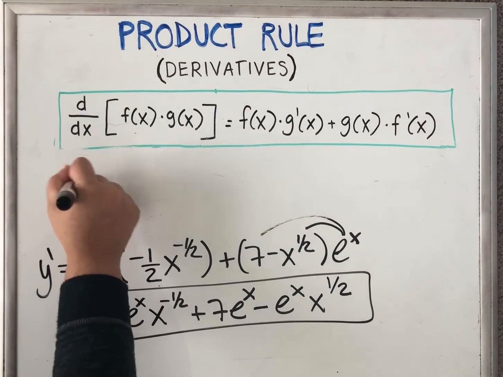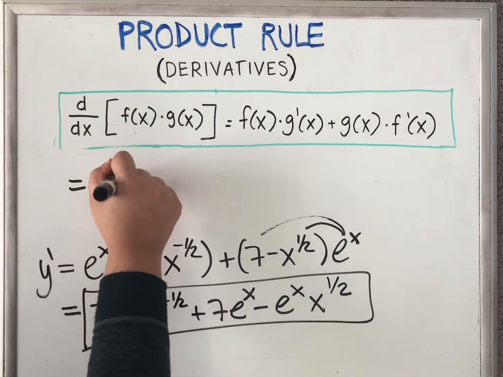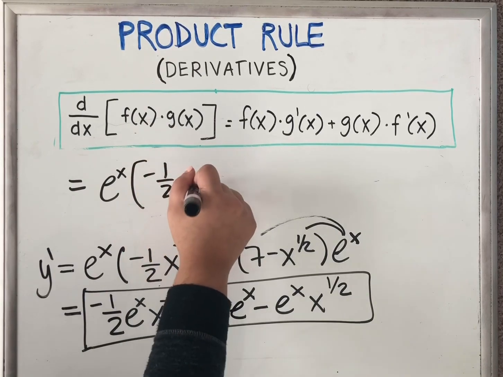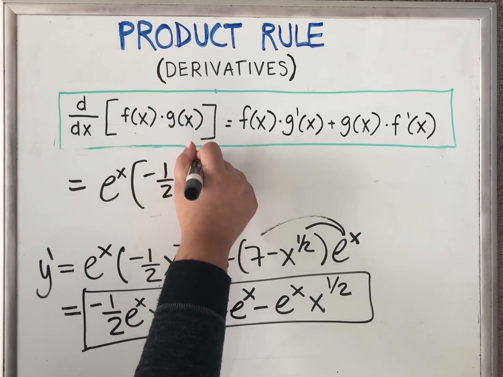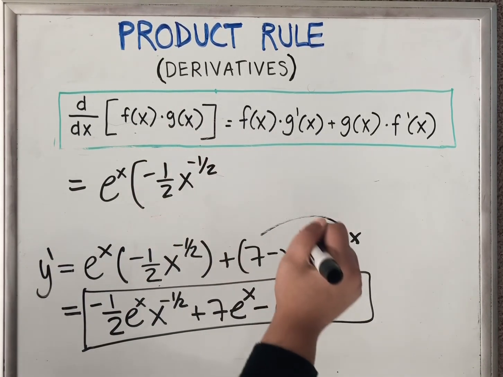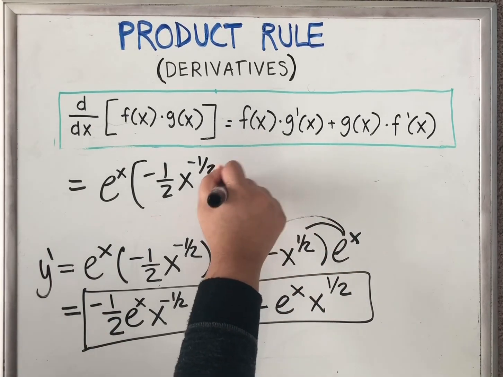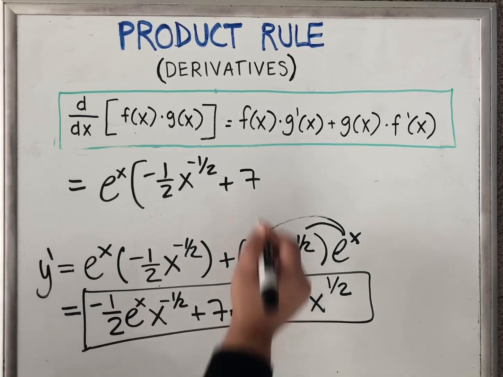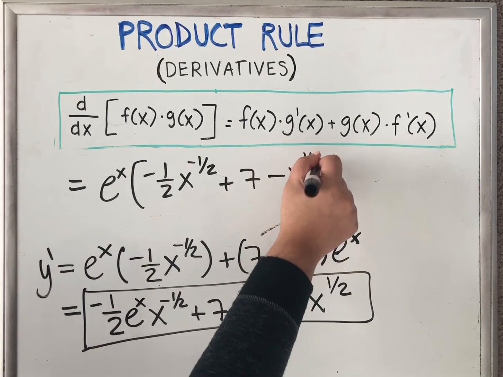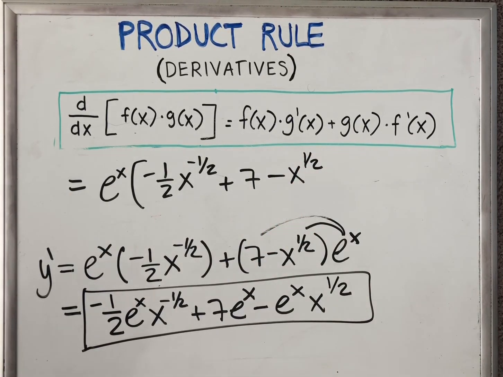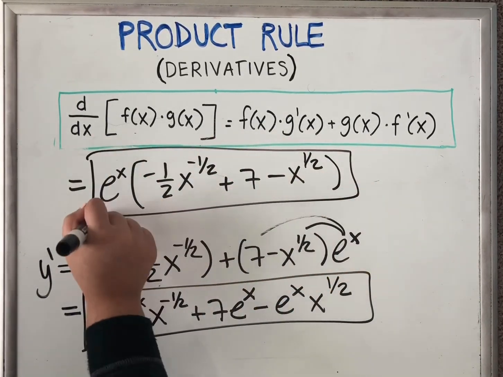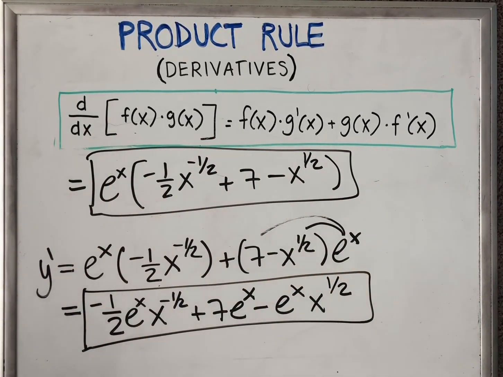If we pull out e to the x, I have e to the x times negative 1/2 x to the negative 1/2 plus 7, because e to the x is taken out, and then minus x to the 1/2. So this is an alternative form of the answer. Either one is perfectly acceptable.